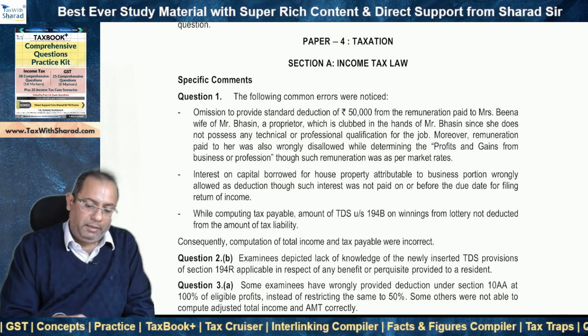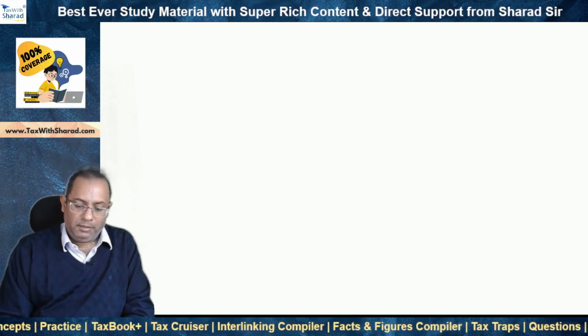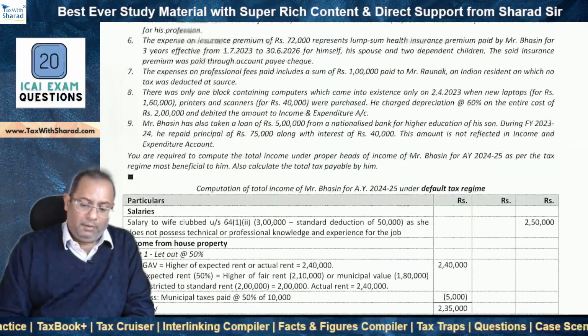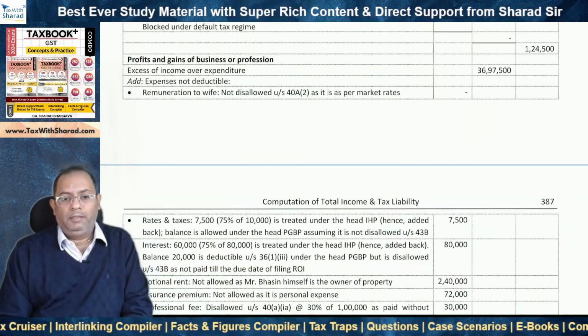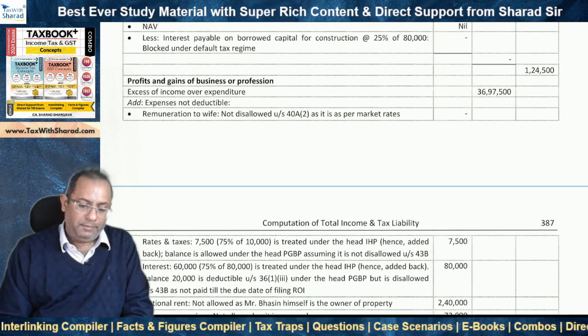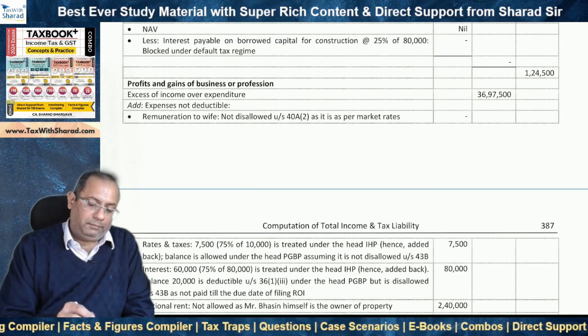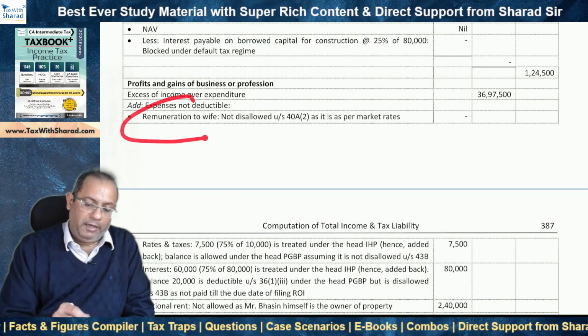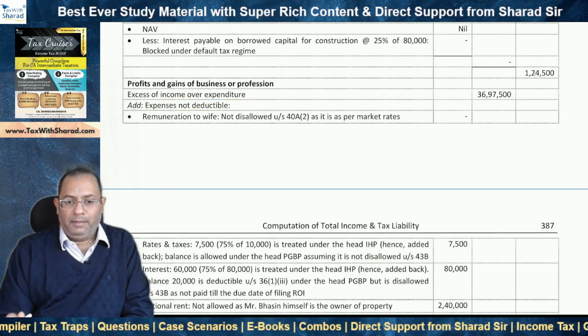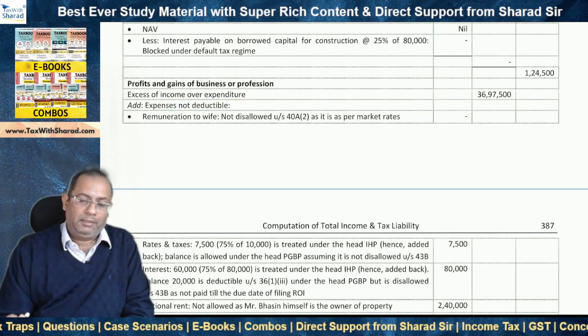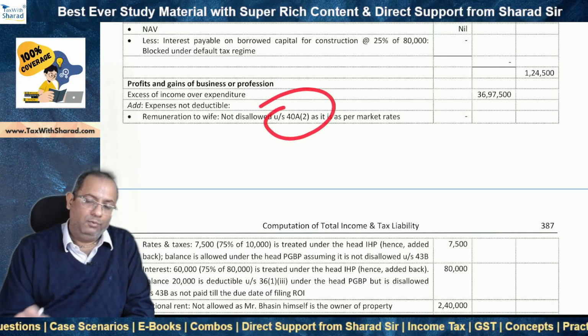Now, since this is an expenditure of Mr. Basin, the question is whether it needs to be allowed as an expenditure or whether it needs to be disallowed. Okay. So the correct response would be that remuneration to wife will not be disallowed as it is as per market rates. Now you could think that disallowance will be made under section 40A(2).